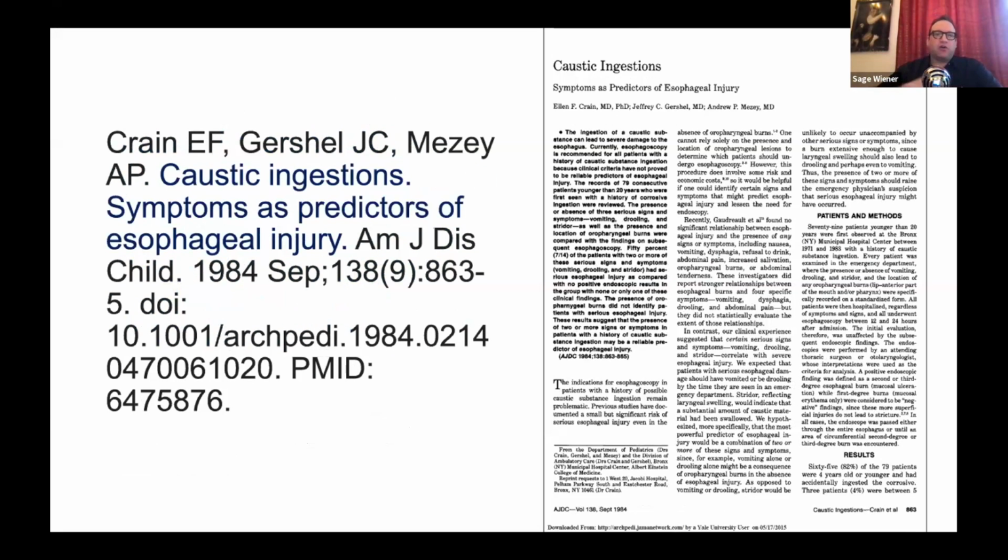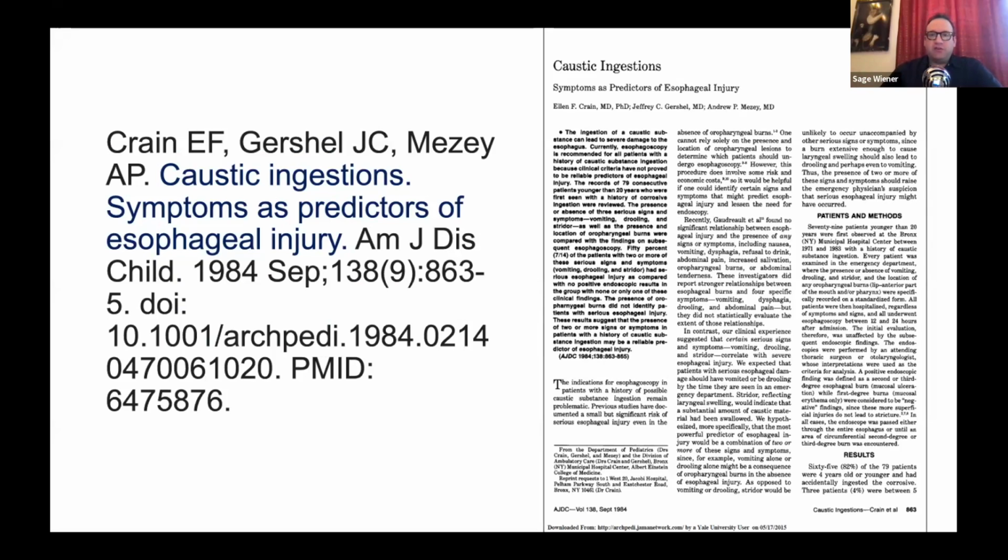This study by Ellen Crane that was done up at Jacobi looked at clinical symptoms as predictors of injury, and she looked at the triad of symptoms: vomiting, drooling, and stridor. And what she found is that if you have any two of those, then you're likely to have an injury. If you had none or one, then you were not likely to have an injury.